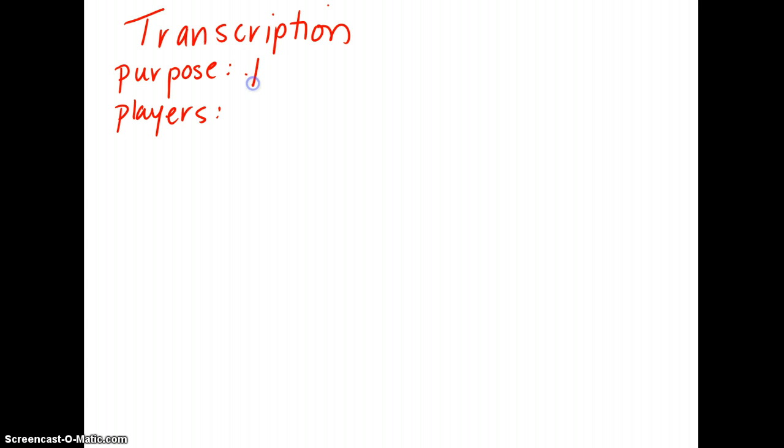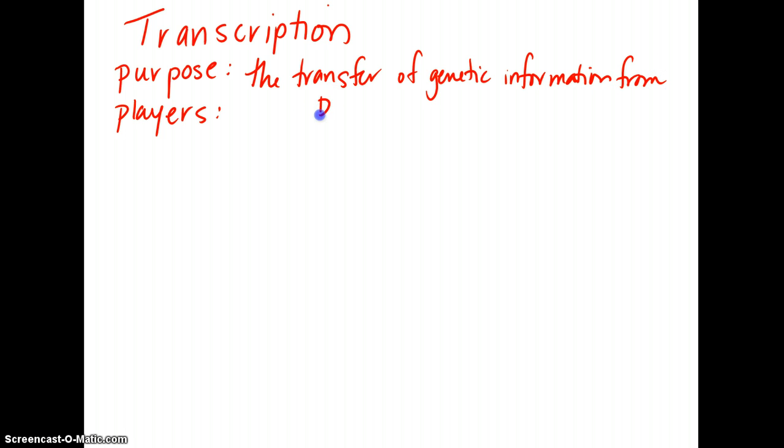So it is the transfer of genetic information from DNA to a substance that we call RNA, particularly mRNA, which stands for messenger RNA.